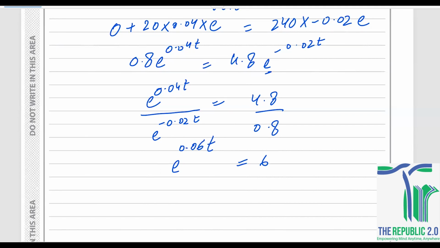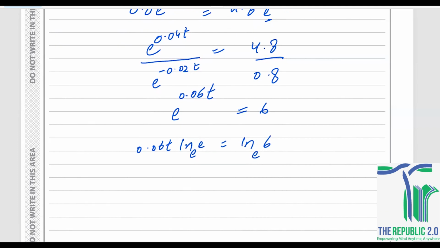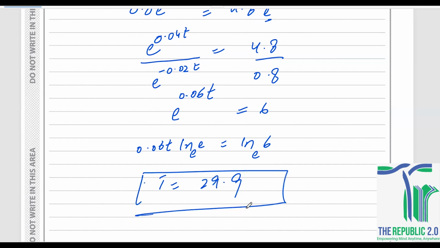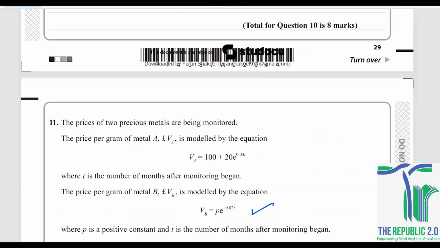And now by just taking log on both sides, I would have 0.02t times log e equals x. You know, the cap. That is how we're going to get our T. So that was question number 11.